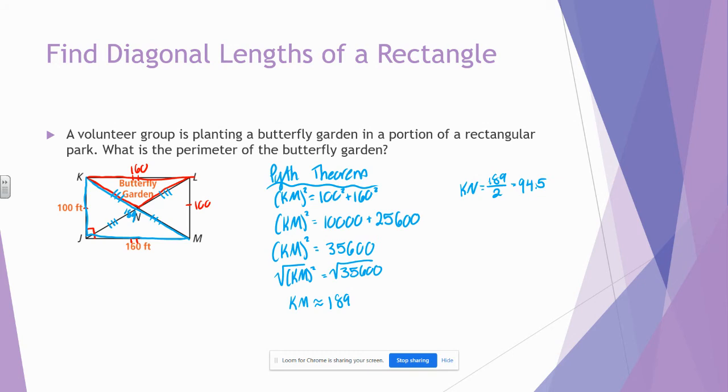So that tells us that NL is also equal to 94.5. So the whole perimeter is going to be equal to 160 plus 94.5 plus 94.5, which is going to be equal to 349 feet.